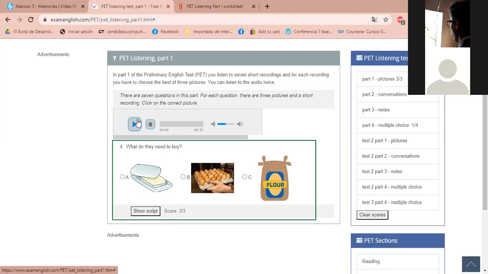A, B, or C? Okay. I got some A's, A, C, C, C, A, C, A, okay. Marjorie, can you tell me, why do you think it's letter A? Or why did you choose letter A?